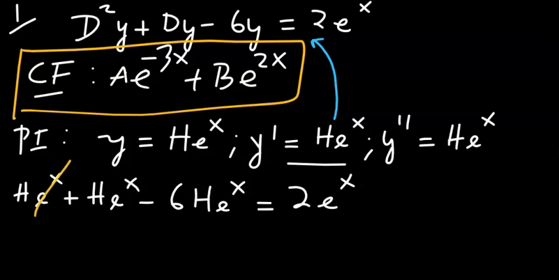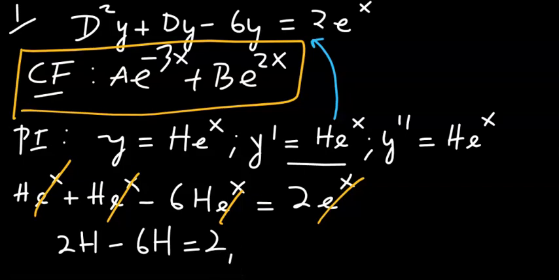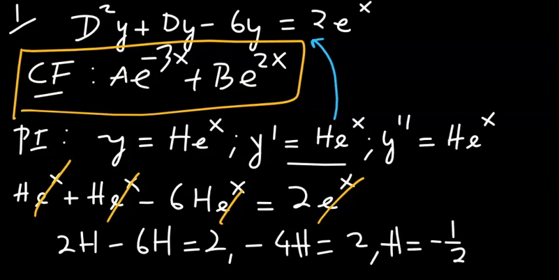And you see that the common term will just go away, giving us 2h minus 6h equals 2, or minus 4h equals 2. So that means h is minus half. So there we have it. The particular integral is minus half e to the power x.